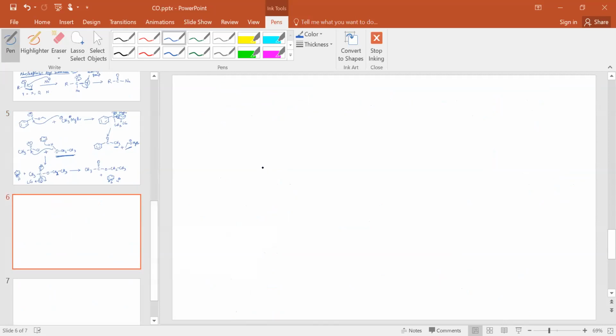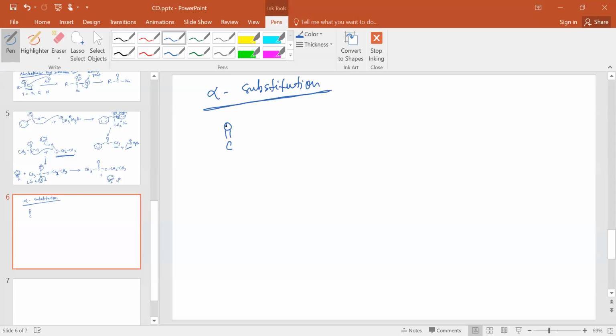Okay, the next one. If there is a carbonyl compound, that is called alpha substitution. So if you have a carbonyl carbon, this is a functional group, okay?